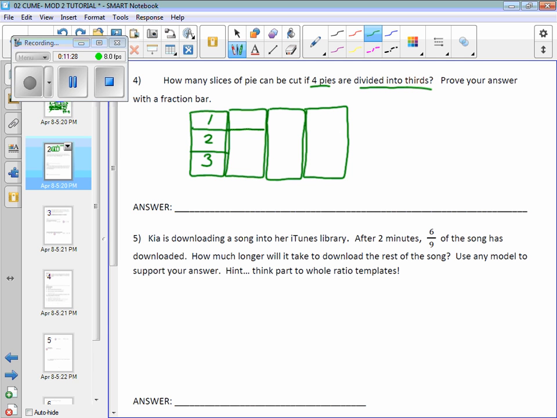Same thing here. And you can kind of see the pattern here. Once you realize the pattern, some kids like to just say, okay, I can count by 3s, 6, 9, and I can create 12 total slices if I do it this way.